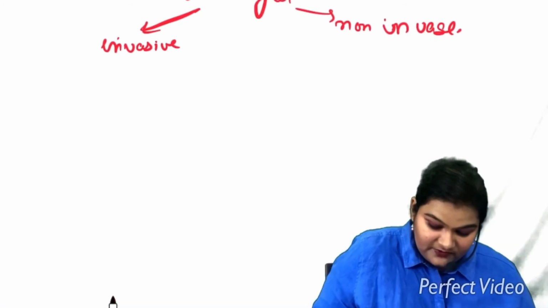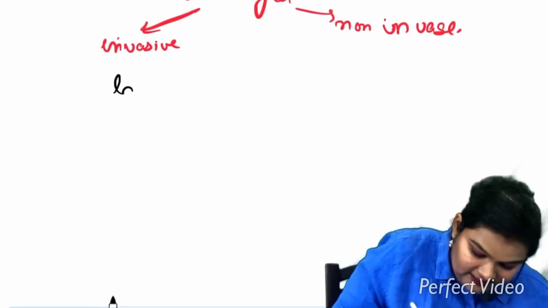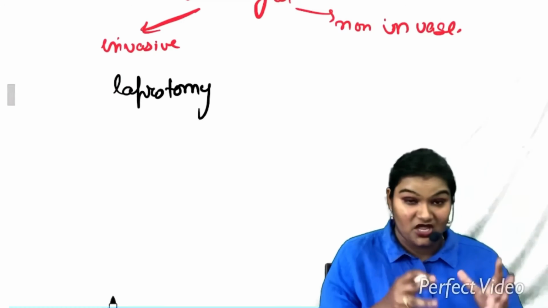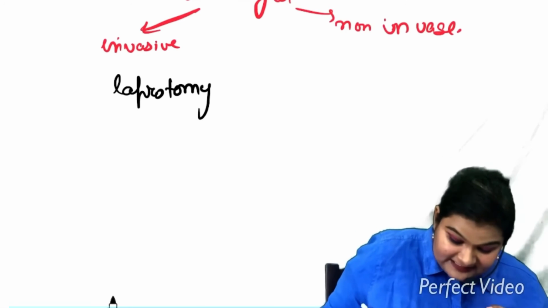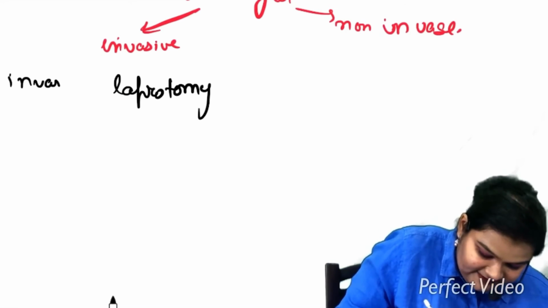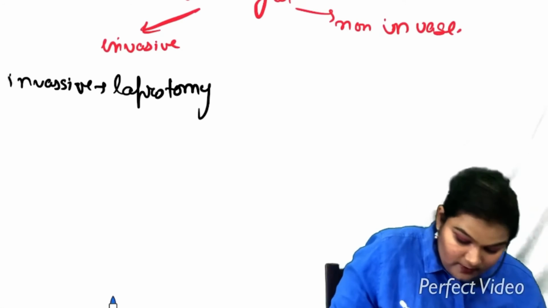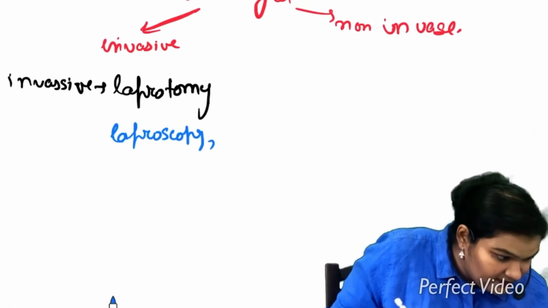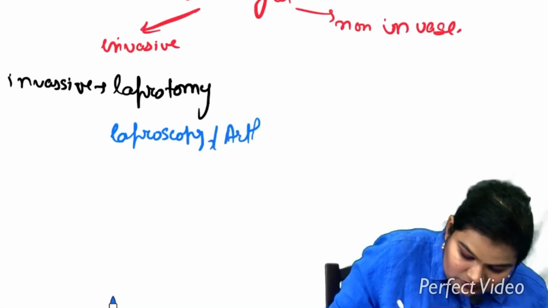The first one we have is laparotomy, ectomy. So it is maximally invasive. Now the second group we are talking about is laparoscopy, then we have arthroscopy.